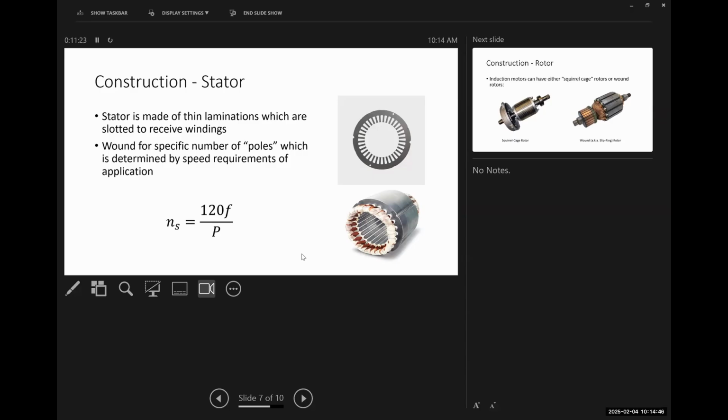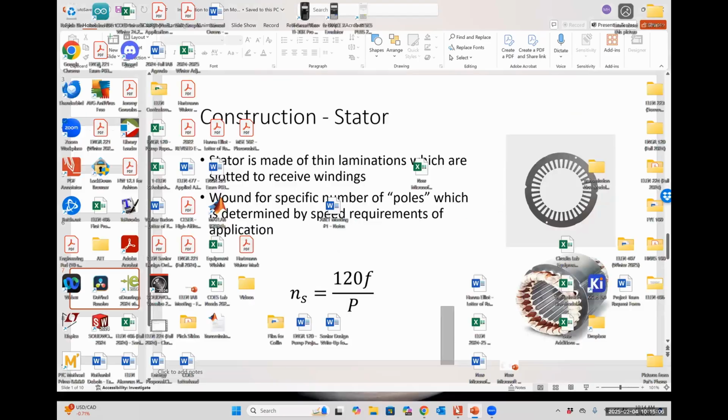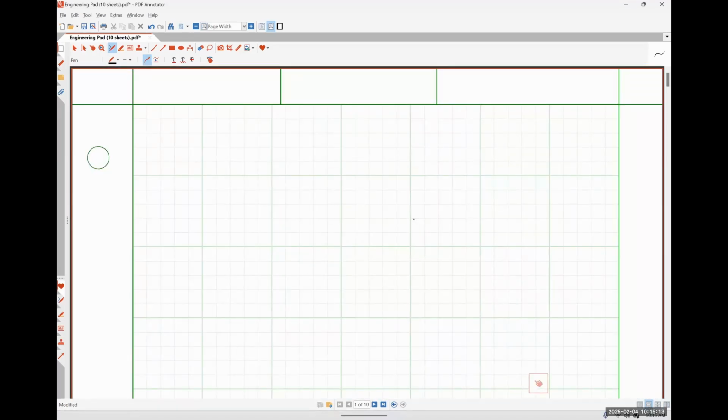Essentially, how this translates is if we have multiple poles on our machine, then our electrical frequency... let me draw a picture. This will be more helpful. I'm just going to attempt to draw a rough stator here really quickly, which is just going to be 2 concentric circles, right?